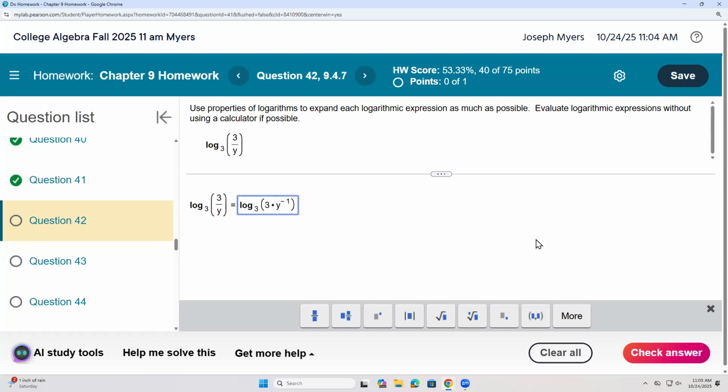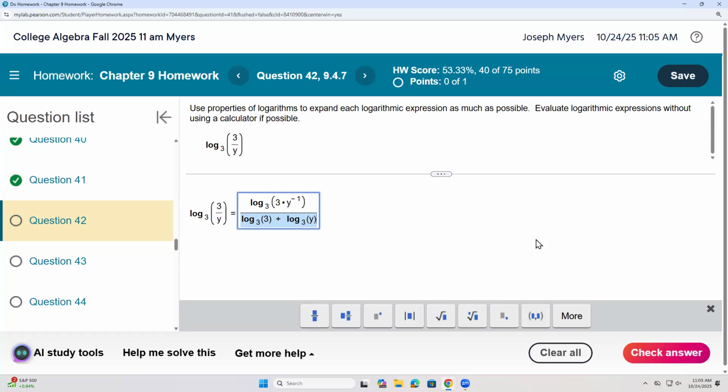And then now that they're multiplied, you're going to take each factor, and so I'm going to draw a line. Oops, not there, but there. You're going to take each factor and do its own logarithm for each factor. So log base 3 of 3 plus log base 3 of y, except leave off the power though.